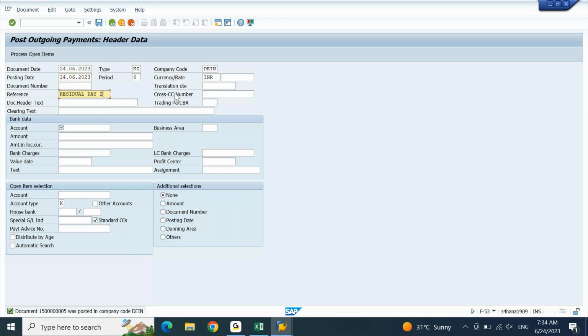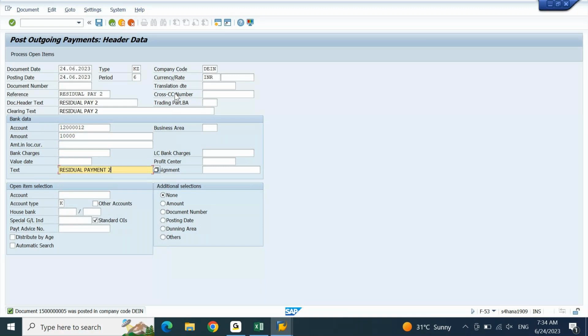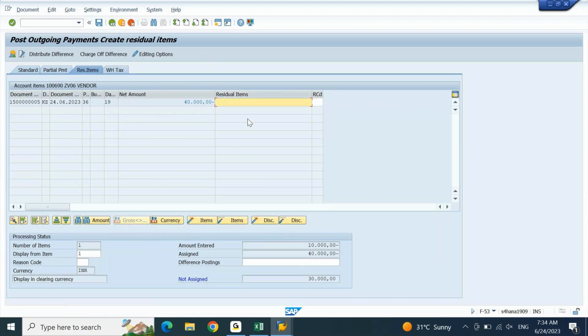Residual payment number 2. This time it will be 10,000. Same vendor account. I'll go to residual payment. I am making 10,000, which means the balance will be 30,000. In residual payment, you will always be giving the balance amount, not the payment amount.